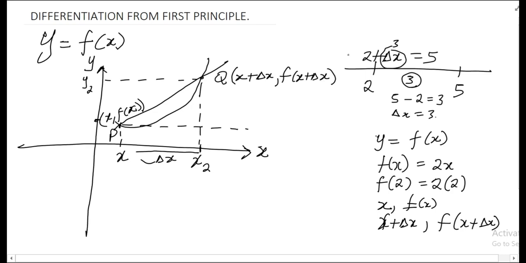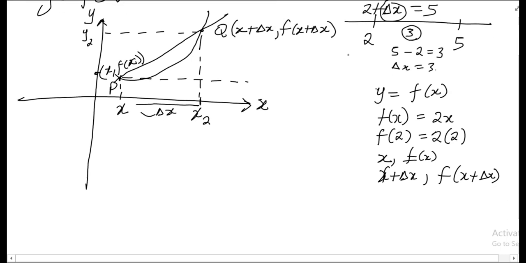Okay, so let's proceed. Now, to get the gradient, when you are differentiating, you come to a point that the gradient m of the line is given by change in y all over change in x.